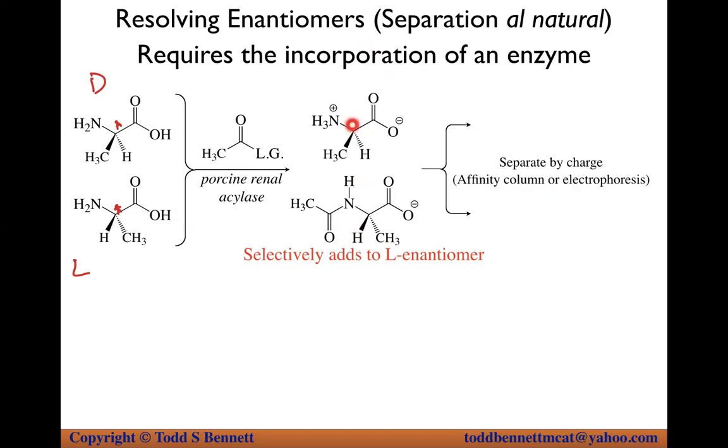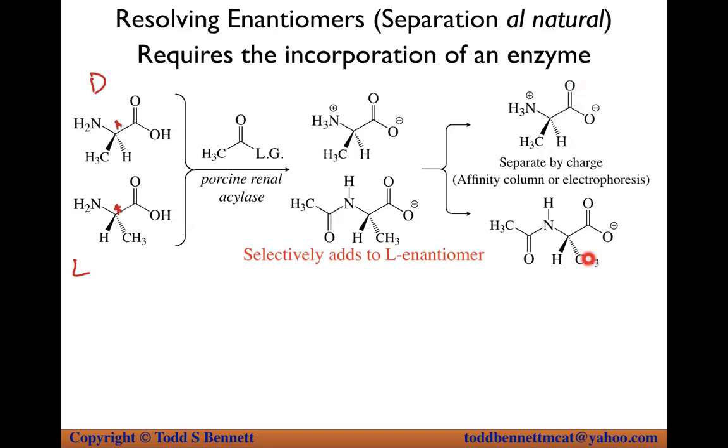One will move in an electric field, one won't. Affinity column is making a column of positives or negatives. This one will move through it like nothing happened. This will either move through it faster if it's the same charge or slower. So you can get them to go through a charge column or electric field at different rates and separate them.